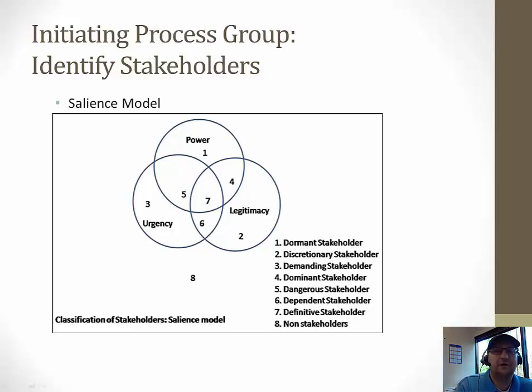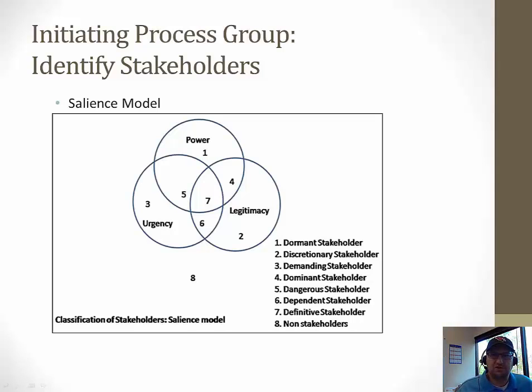The stakeholder salience is decided by assessing their power, legitimacy, and urgency. Power in this case is defined as the ability of the stakeholder to impose their will on a project. Urgency is their need for immediate action, and legitimacy is whether their involvement is appropriate.